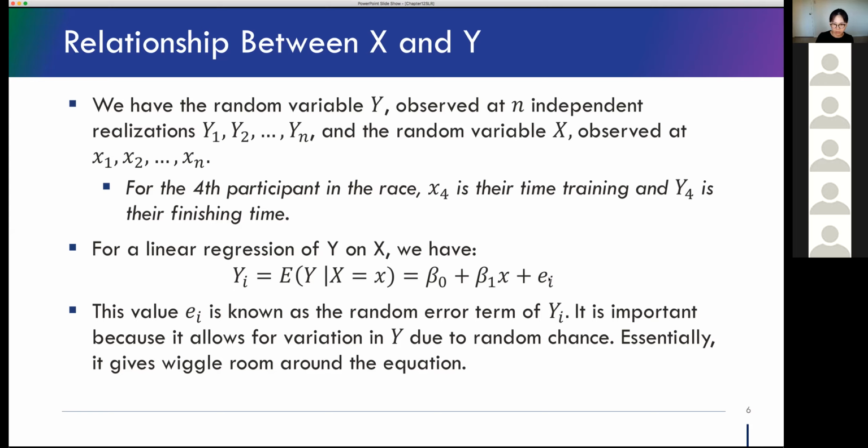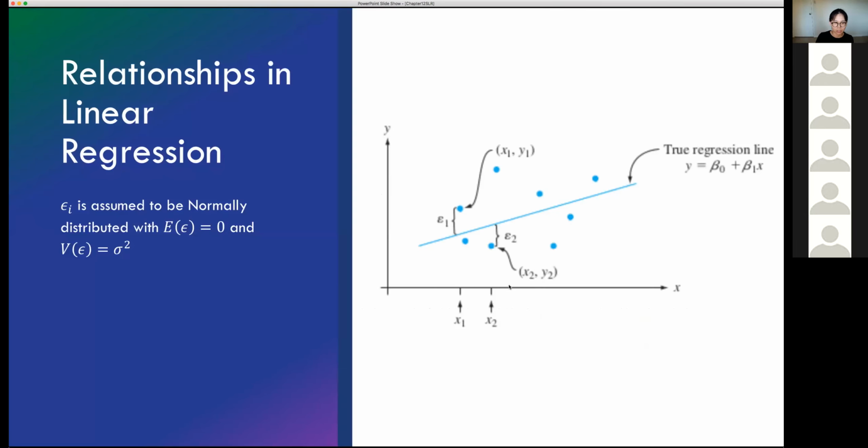But for now, just think of this Ei as the error term, and we sometimes use epsilon i to denote the error term. And this epsilon i is normally distributed. So it's a random variable with a normal distribution, its mean is 0, and its variance is sigma squared. So this is the error term.